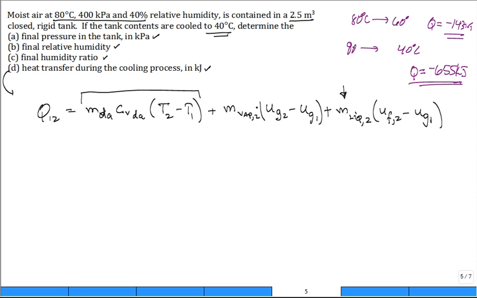And the u_f is 167.56 kilojoules per kilogram at the temperature of 40 degrees. And u_g at state 1 was 2482.2. This is a big difference.